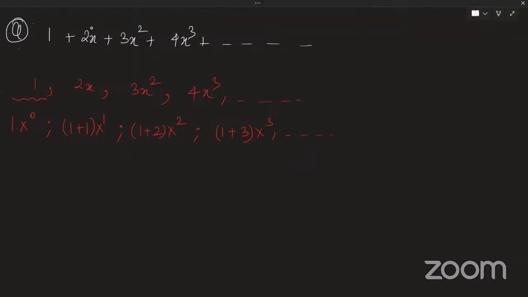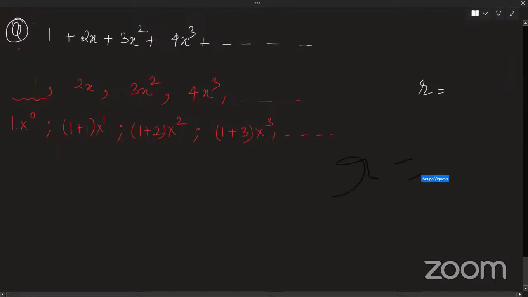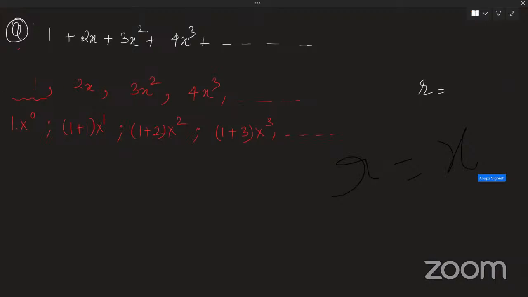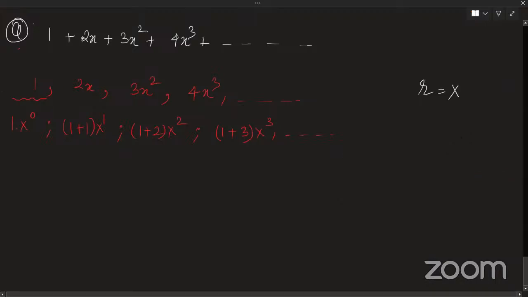Now can you tell me what is the value of R? R is x, correct. What is the value of A and D now? D is equal to 1, sir.